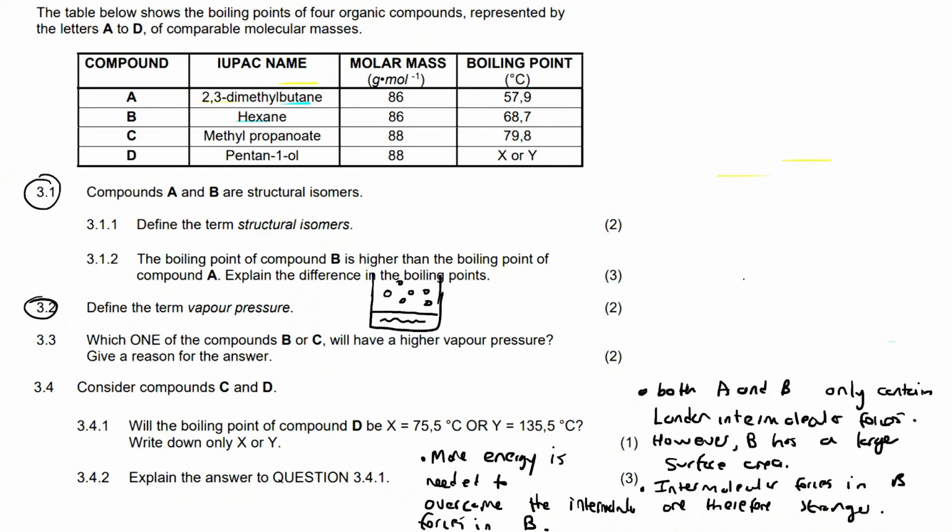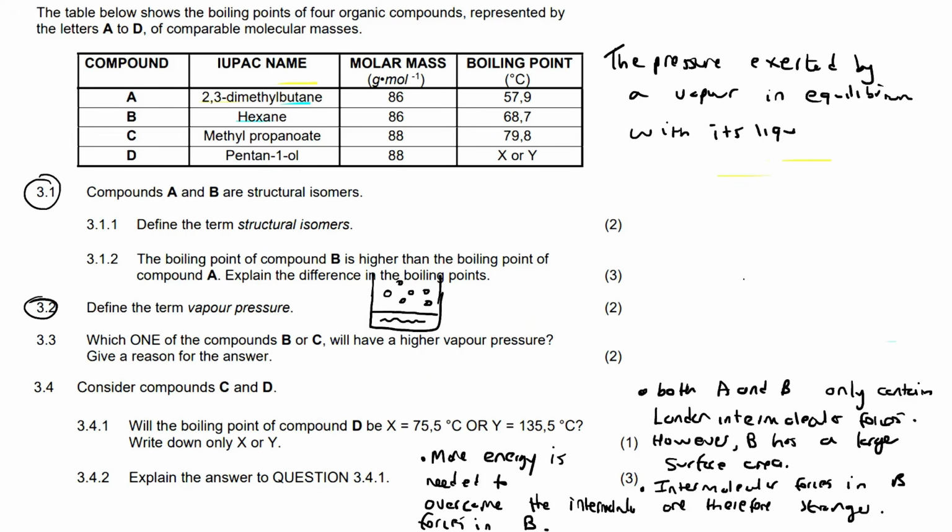So the definition is the pressure exerted by a vapor which is in equilibrium with its liquid, and then importantly, in a closed system. Okay, so the system must be closed. And so, yeah, that's the definition.